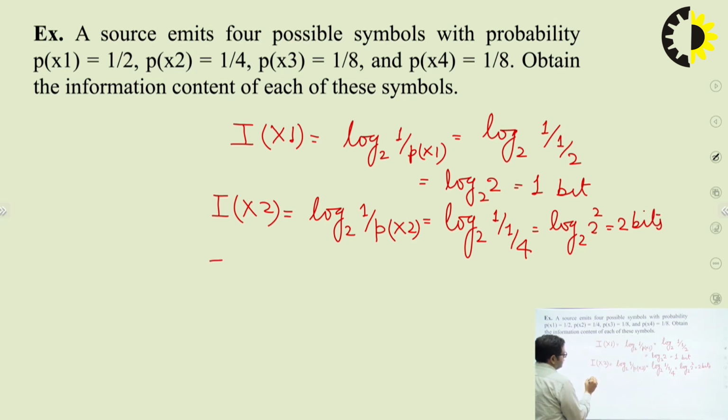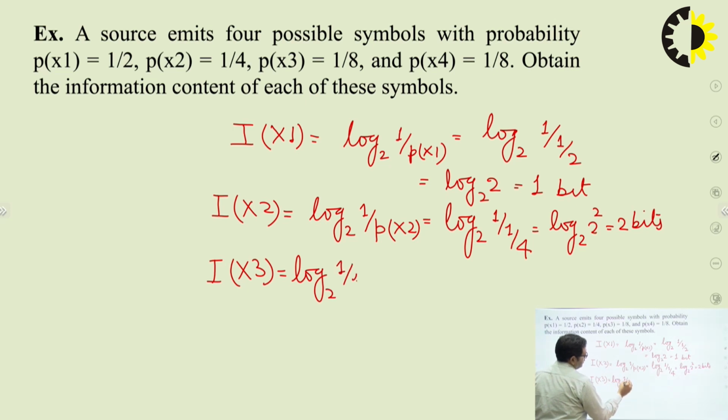Information associated with x3 equals log 1 by 1 by 8.